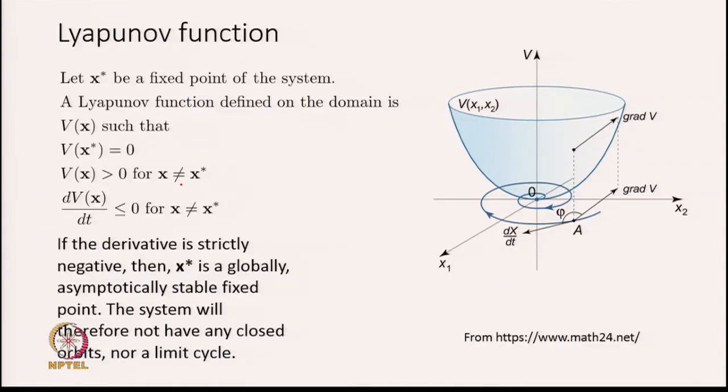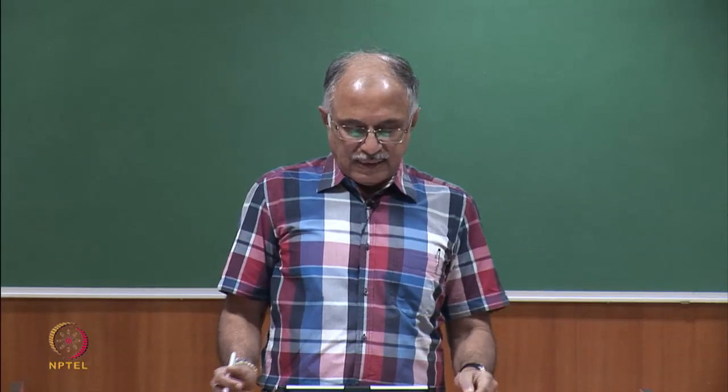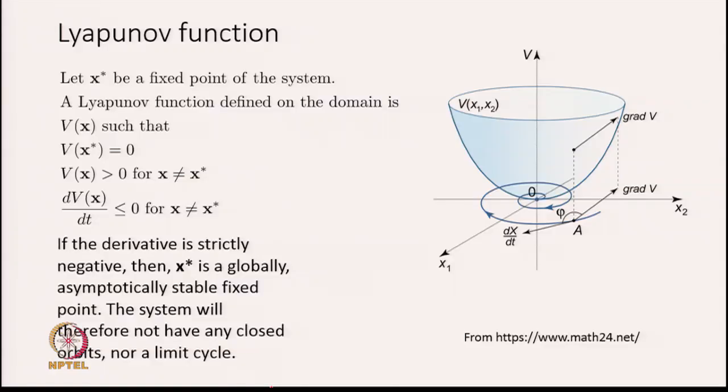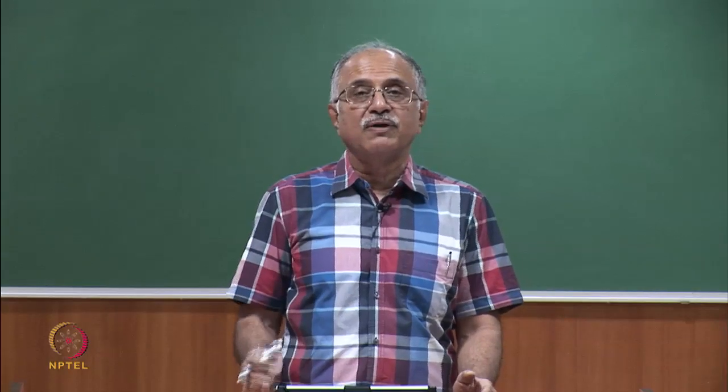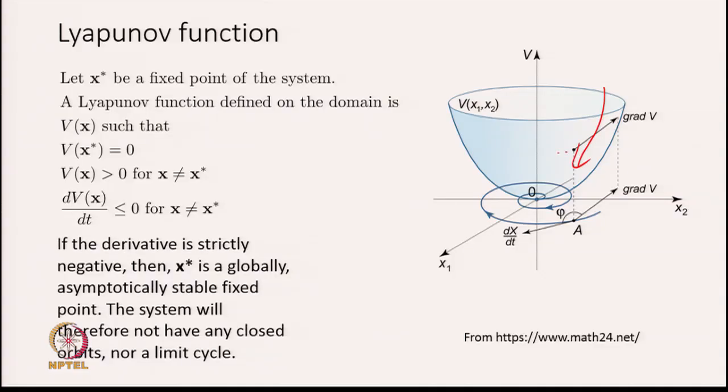If you can find such a function which is well defined in your dynamical system, then x star is a globally asymptotically stable fixed point, and this system cannot have any cycles. It can't even have a closed orbit because everything is falling downwards, so to speak. Everything is just flowing down because this derivative is negative.